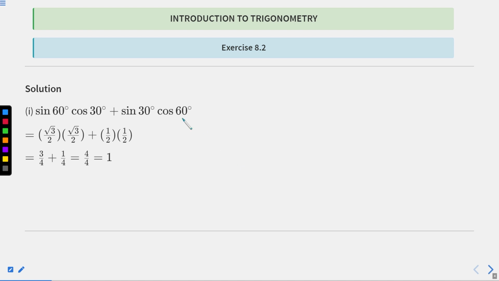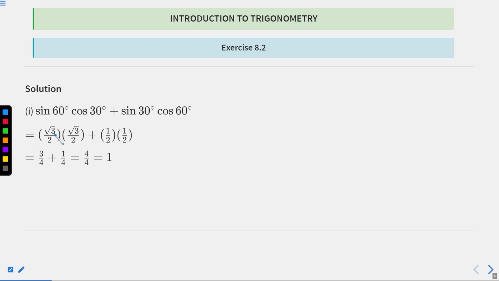So sine 60 degree is root 3 by 2, cos 30 degree is root 3 by 2, sine 30 degree is 1 by 2, and cos 60 degree is 1 by 2.